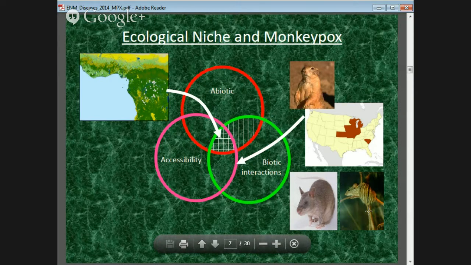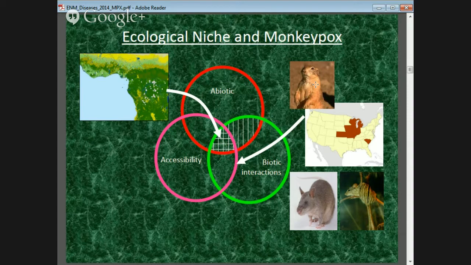In this case, animals came from Ghana, and some of those animals were infected with the virus, and they were co-housed with prairie dogs. So that's a new biotic interaction, evidently, that the virus can infect prairie dogs because of this event.